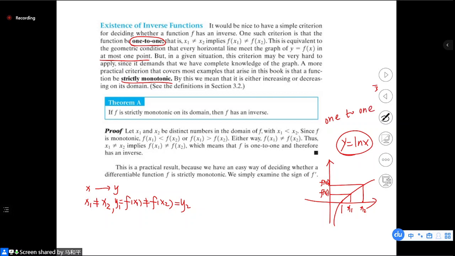Because we have the graph, any horizontal line has intersection at only 1 point. So this function is strictly monotonic and is 1 to 1. So if f is strictly monotonic on its domain, then f has an inverse.